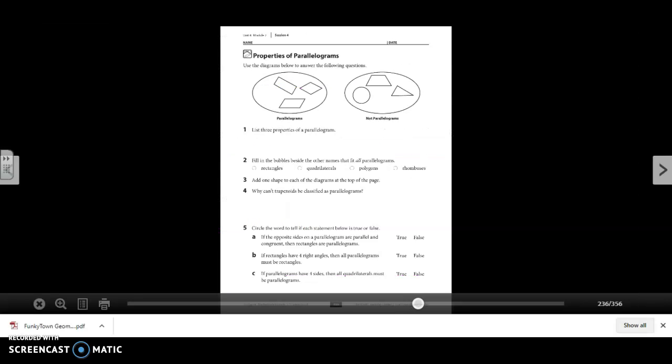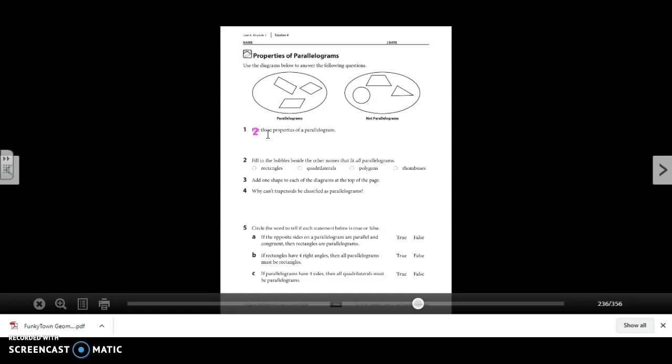And go ahead, flip to page 230, Properties of Parallelograms. We've got a diagram of parallelograms and a diagram of not parallelograms. If you take a look at those and compare the two, we're going to list some properties of a parallelogram. So we just have to list 3.